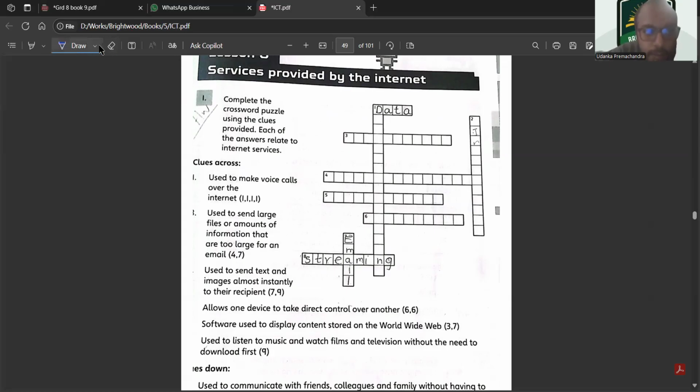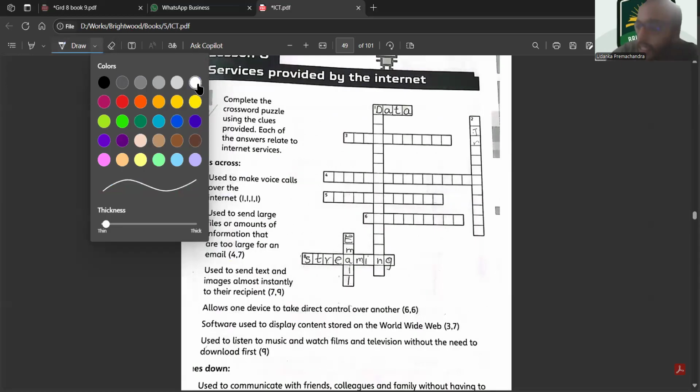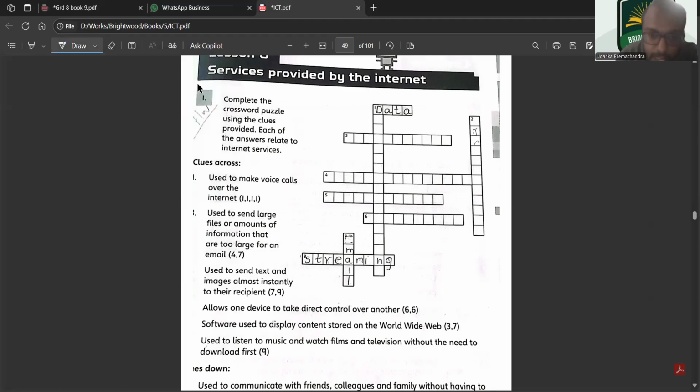Can you try to fill this up? Now you can fill in these boxes.